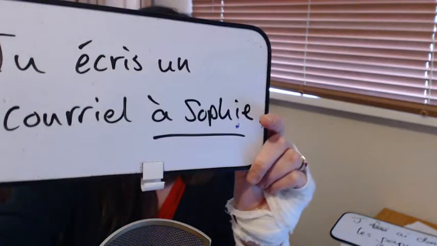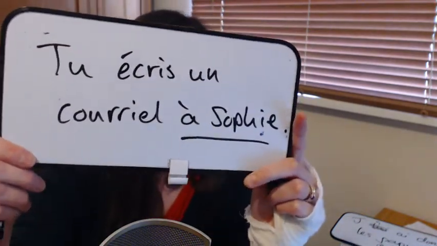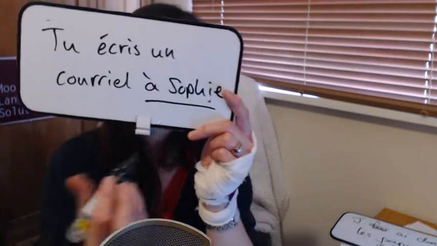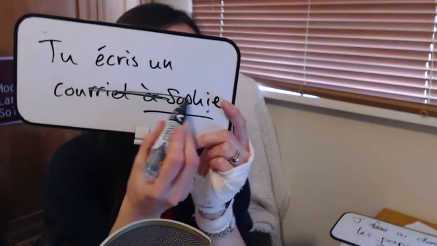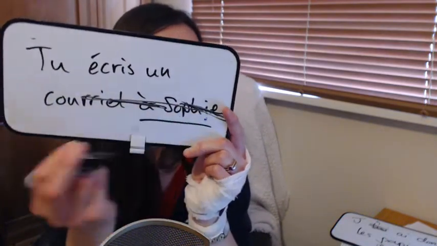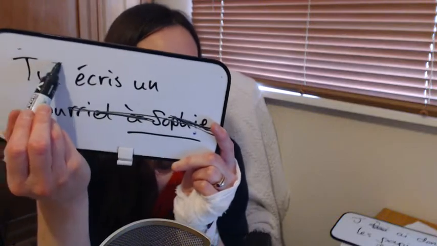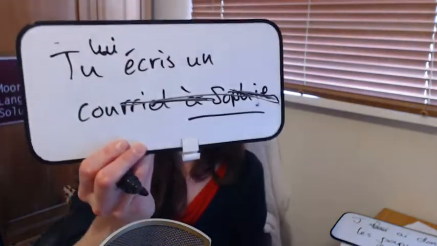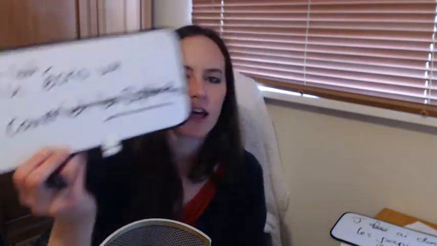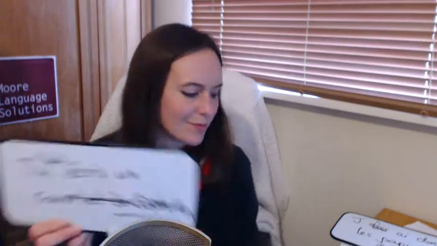Sorry about the reflection there. Where is it that we're going to put the lui? First of all, we get rid of à Sophie. On va la mettre là. Tu lui écris un courriel. You to her write an email. Bravo.